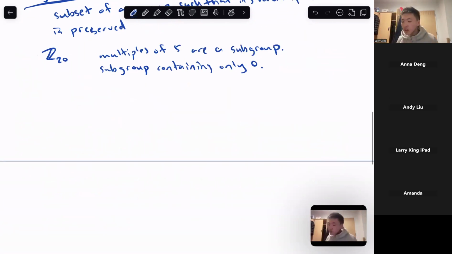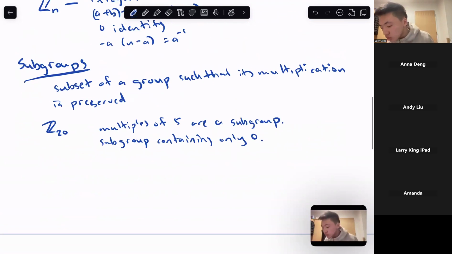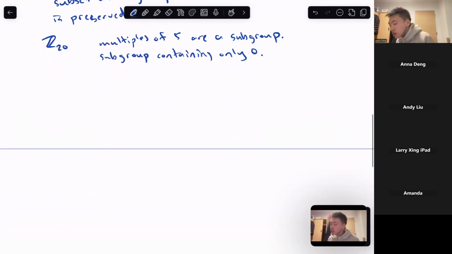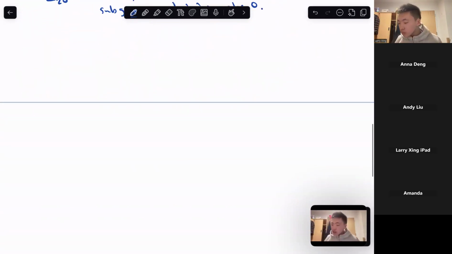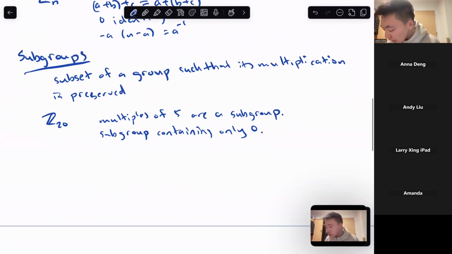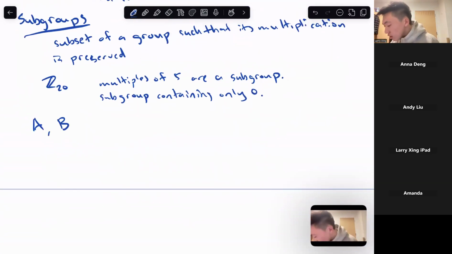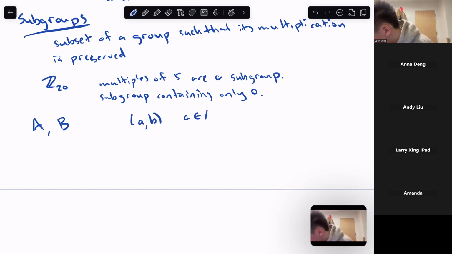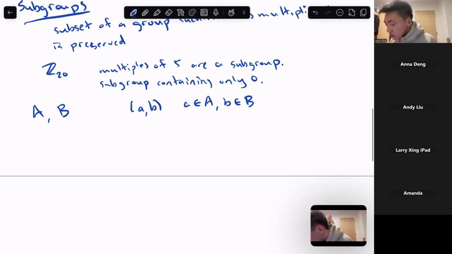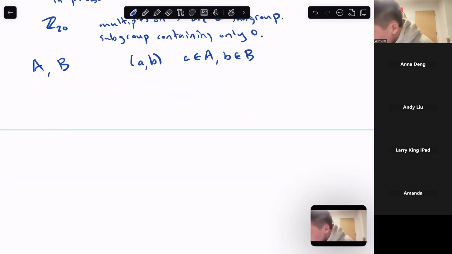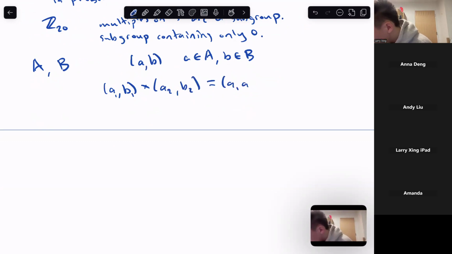So these are some basic definitions of groups, subgroups, this kind of thing. And we can derive some pretty interesting things. For example, if you have two groups A and B, then consider the group consisting of elements (a, b), where a is within A and b is within B. If we define our multiplication operation (a1, b1)(a2, b2) to be equal to (a1a2, b1b2), essentially we're just mashing two entries together, right?